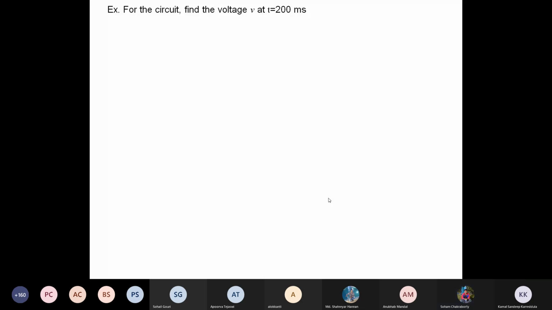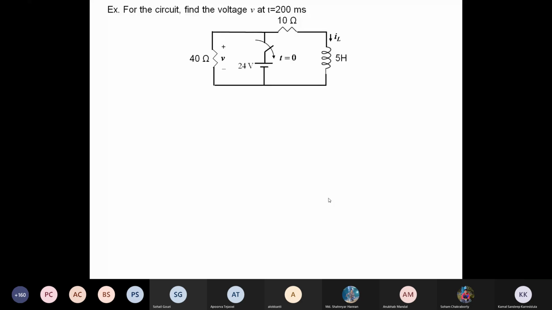So there can be a lot of problems. Suppose you are given a numerical like this, a circuit with 2 resistances and 1 inductance connected, and in the central leg a battery of 12 volts. You now understand the switching: at t equal to 0 the switch is opened.